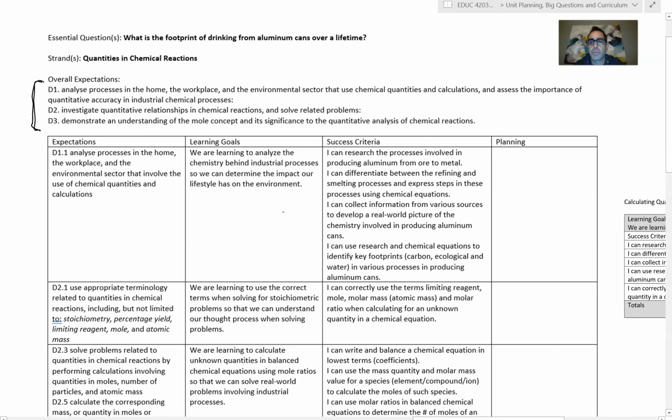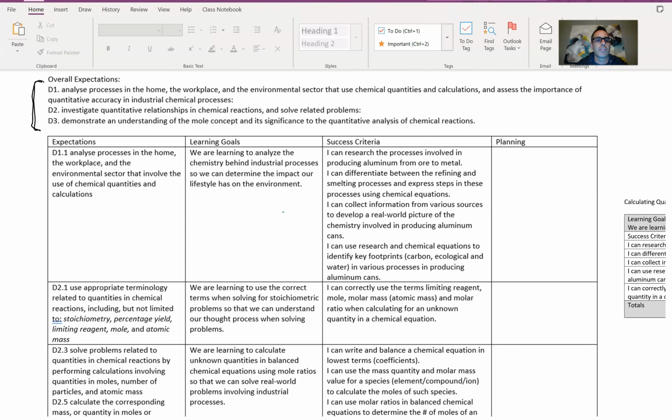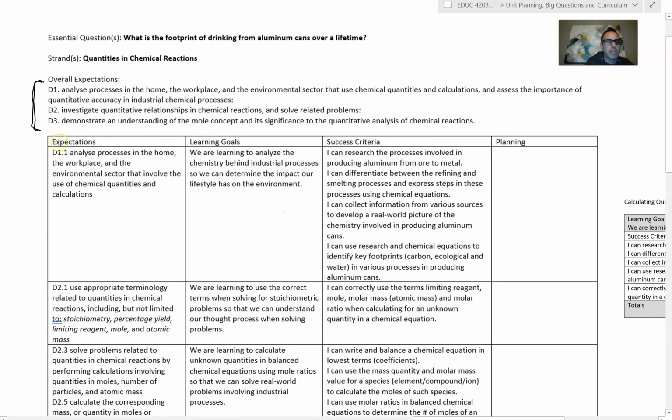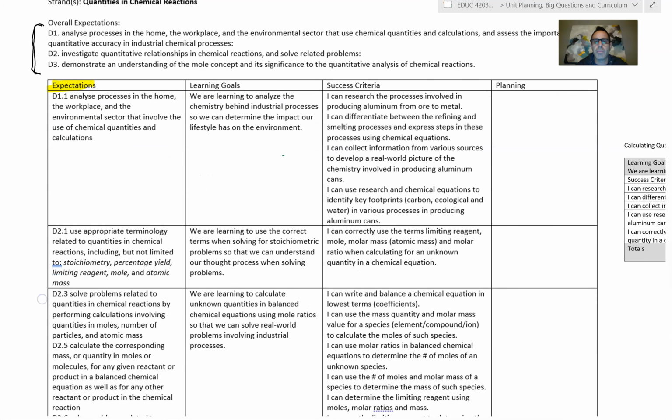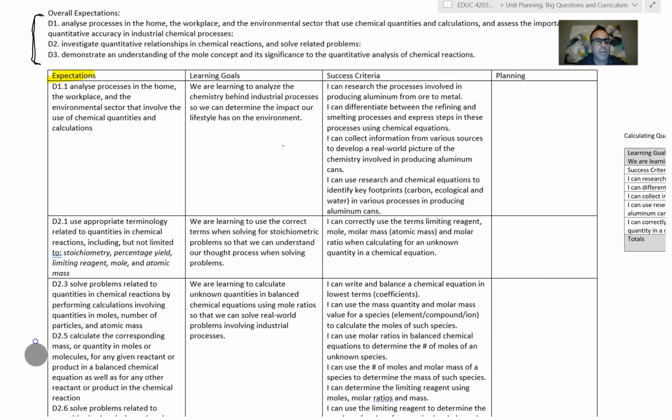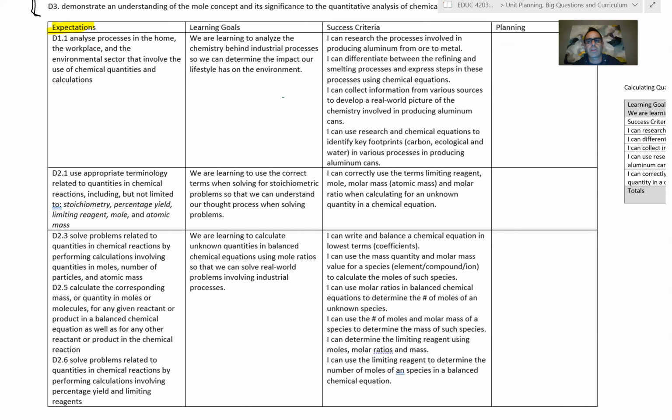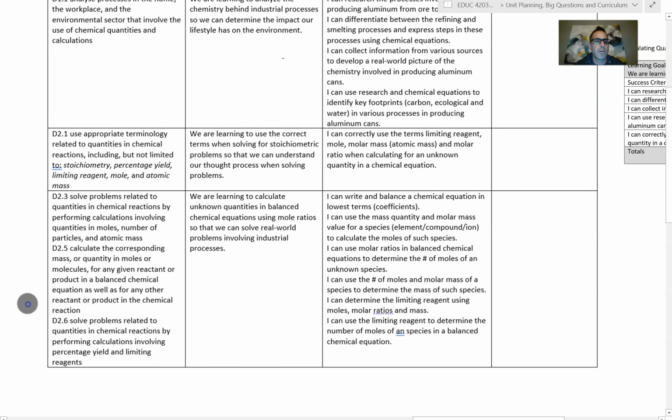Again, these are what we should be evaluating students on at the end of the course or at the end of the unit. So my first step is to isolate all my expectations. I go through and do my research and copy and paste from the curriculum, and what I like to do is break up my expectations into chunks.